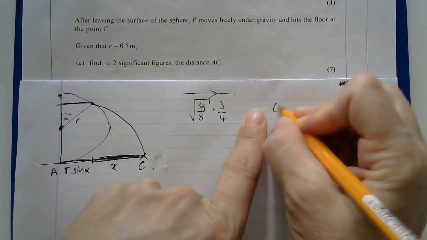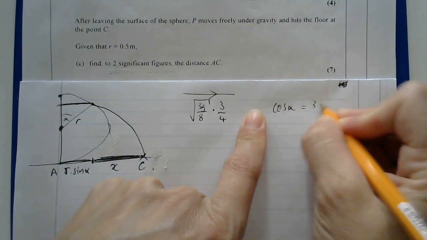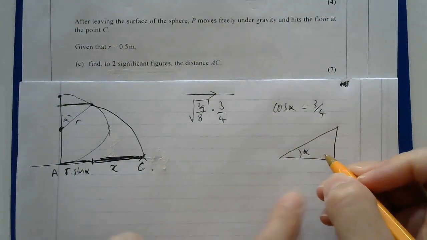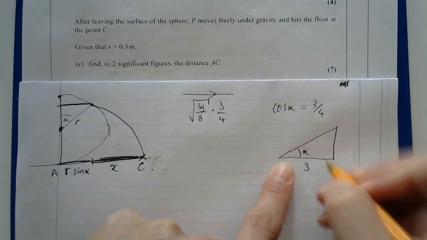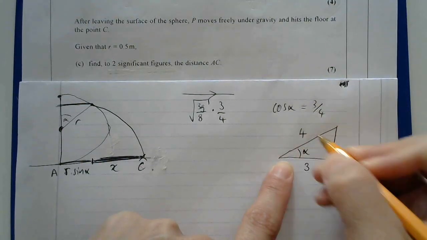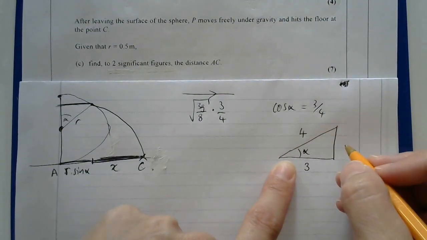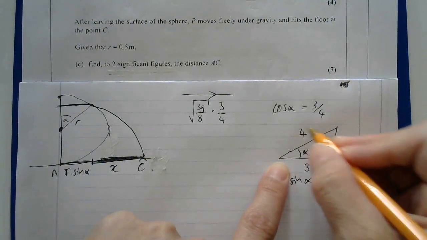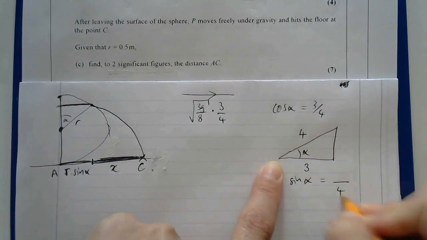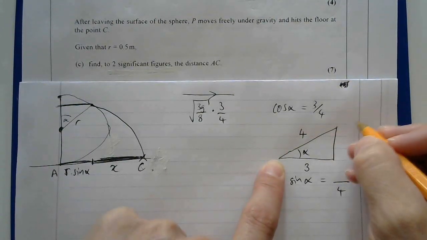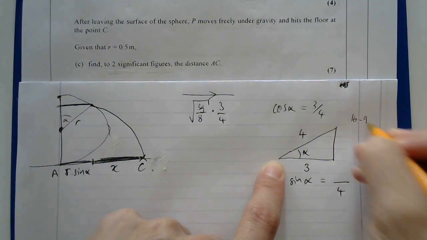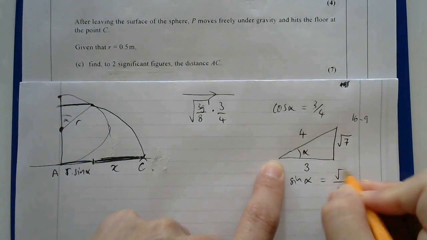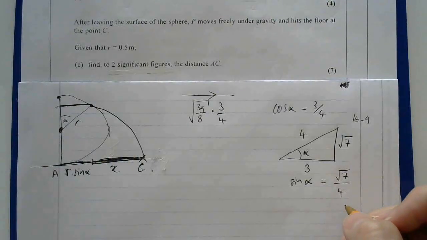Now, if cos alpha was 3/4, then cos is the adjacent over the hypotenuse, and so for sine alpha I can use this over this. So here I need to do 16 minus 9 gives me 7 square rooted. So here I get the square root of 7 divided by 4.